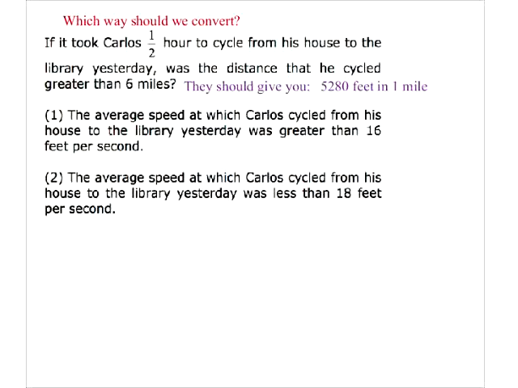So this one is in miles and hours, but this one's in feet and seconds, and this one is also in feet and seconds. So I think we have a clear winner. We should definitely convert to feet and seconds, because if we try to convert those into hours and miles, we'll have to do that twice. And we really don't want to work with 5,280 twice. So let's convert this to feet and seconds.